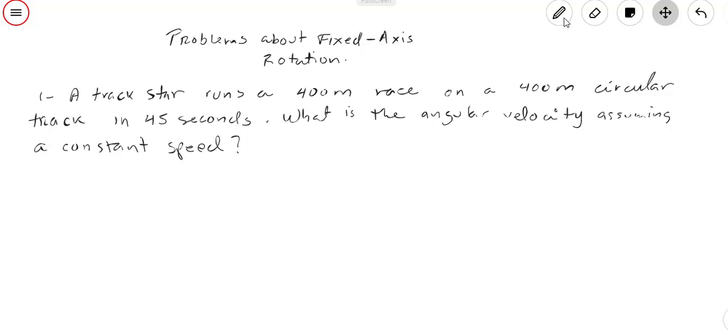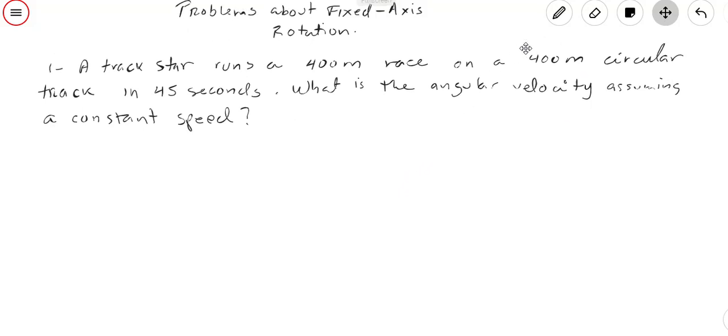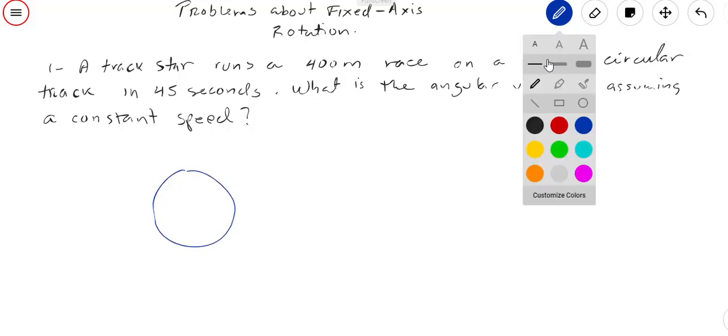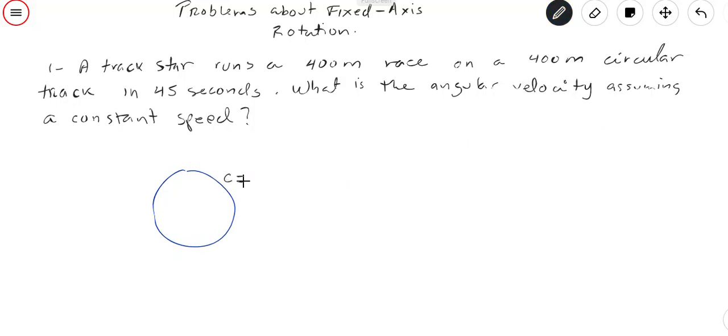So let us analyze how we solve this problem. We have a circular track, and the circumference of this circular track is equal to 400 meters, right?